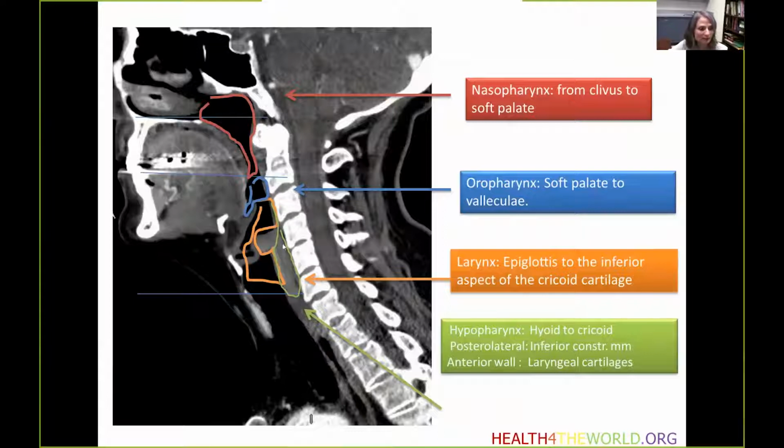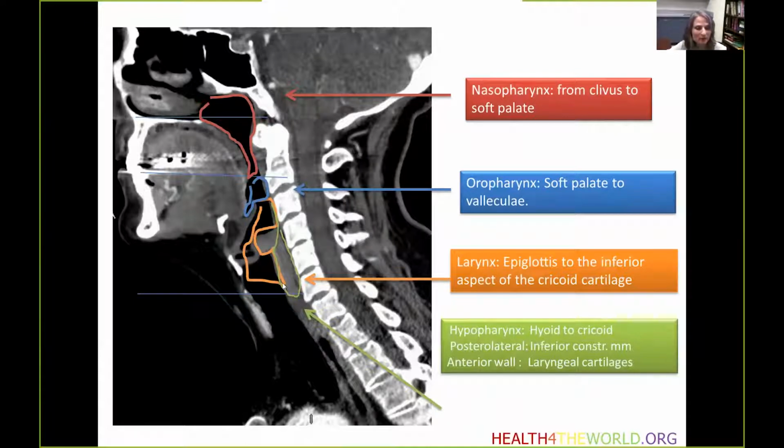The larynx then extends from the free edge of the epiglottis to the inferior aspect of the cricoid cartilage. And the hypopharynx is a muscular tube with the posterior lateral margin delineated by the inferior constrictor muscle and the anterior wall delineated by the laryngeal cartilages.